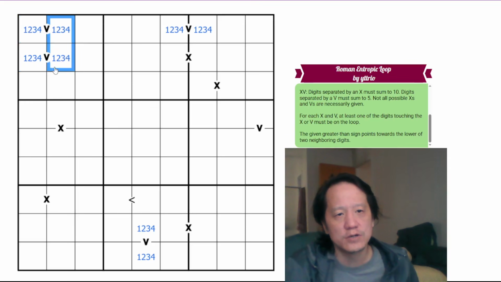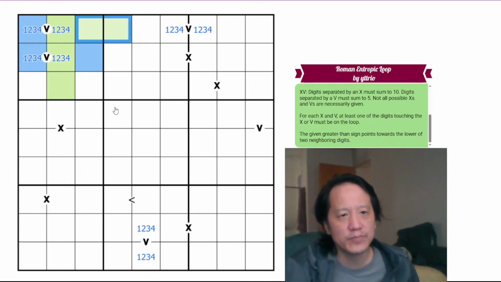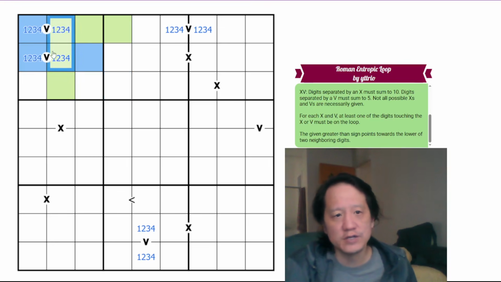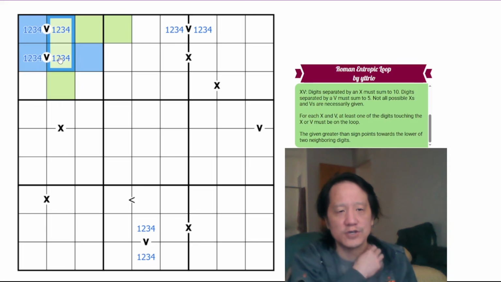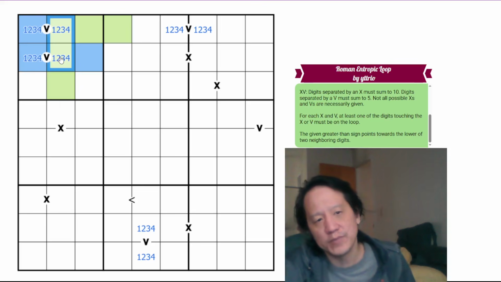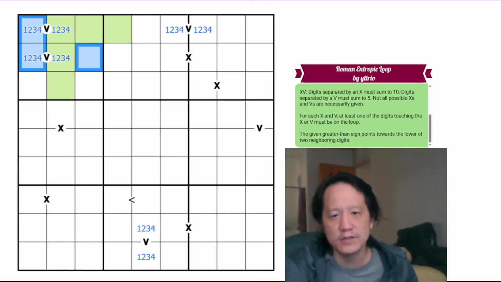So these 2 are on the loop, and it enters in this way. It cannot enter out that way, so this is not on the loop. These are not on the loop, and it must exit out this way, and it must exit out that way. And we know one of these is a 4, because these have to be different sets, you can't have 2 low sets. Actually, let's make this gray.